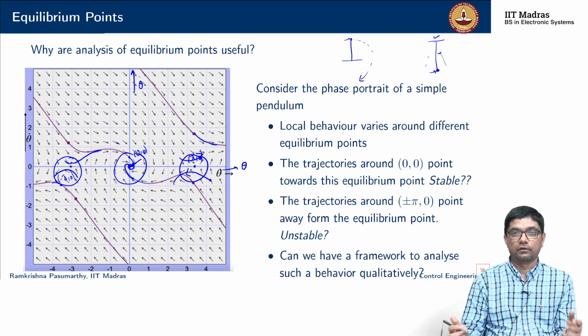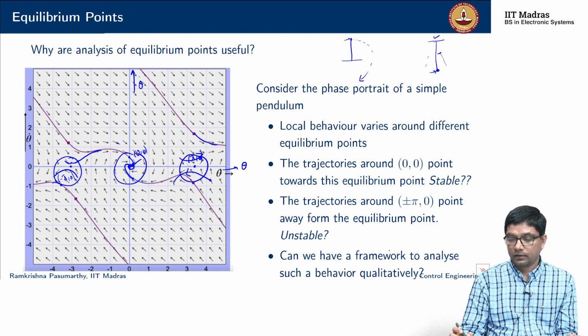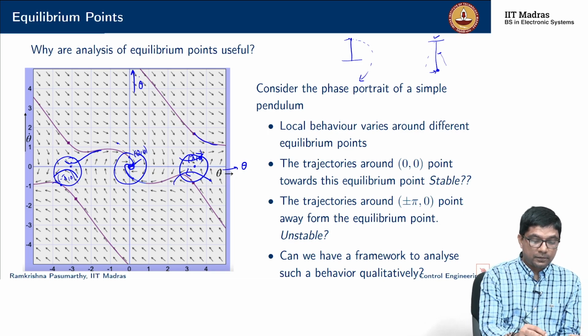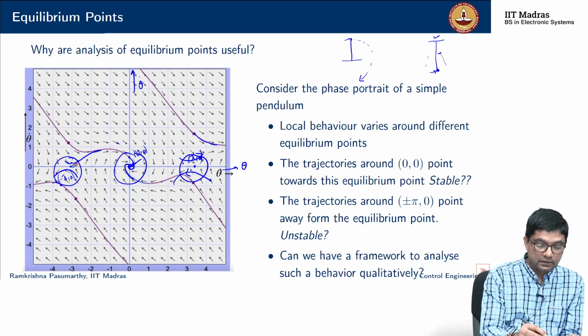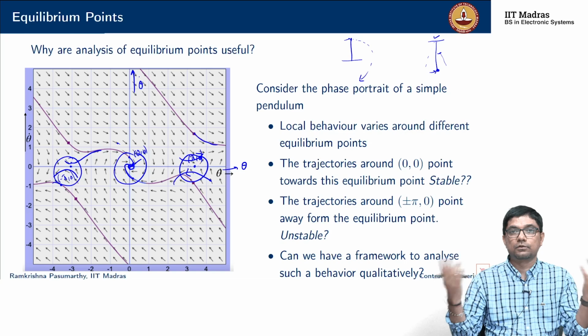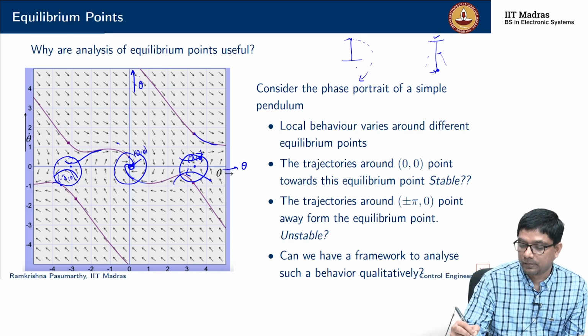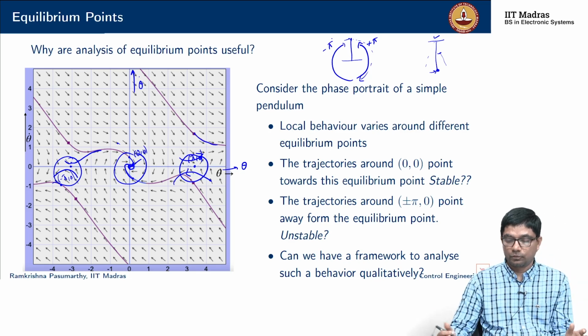Both theta and theta dot will be 0 at the equilibrium. If I do a slight perturbation from plus pi 0 or minus pi 0, I will just go away from that. So, plus pi, maybe I am just measuring it this way as plus pi, and this I am measuring as minus pi. Okay, they both kind of mean the same.